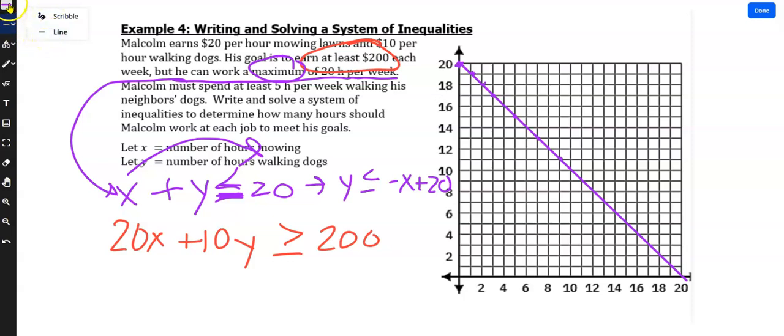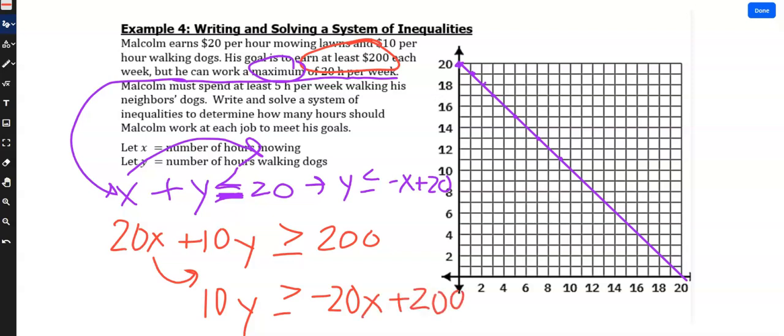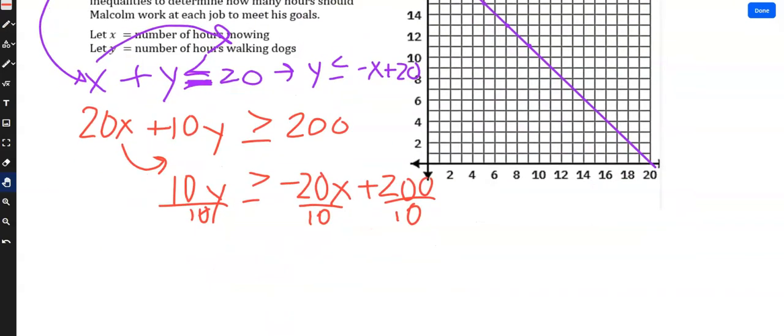All right, let's go to the red and solve that one. So we're going to move the 20x to the other side. 20x to the other side, that's 10y is greater than or equal to negative 20x plus 200. And then we divide everything by 10, which gives us y is greater than or equal to negative 2x plus 20.